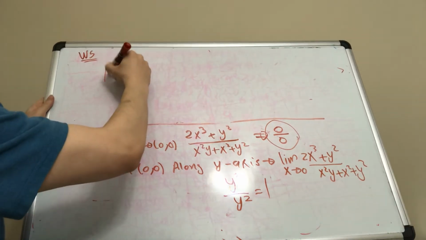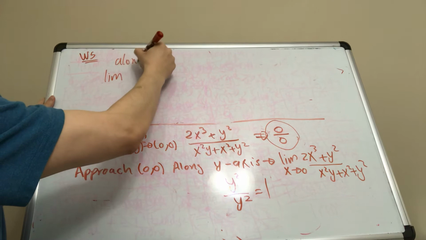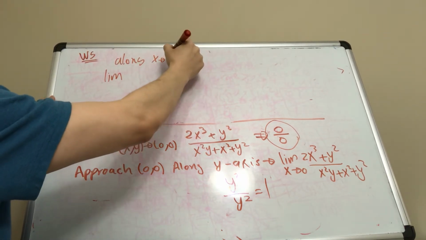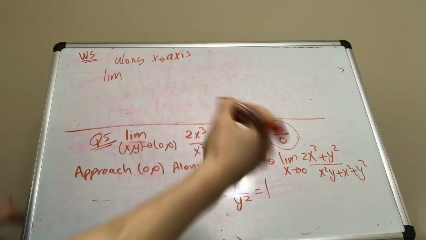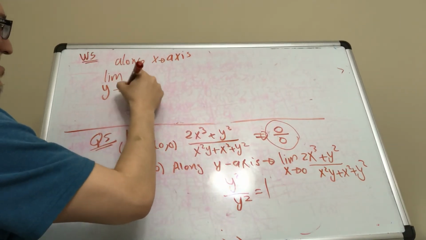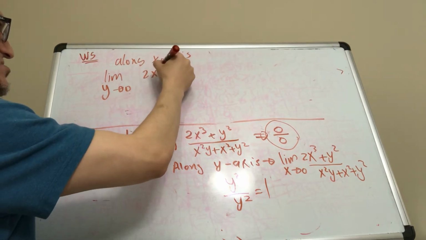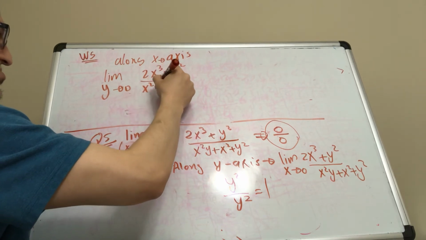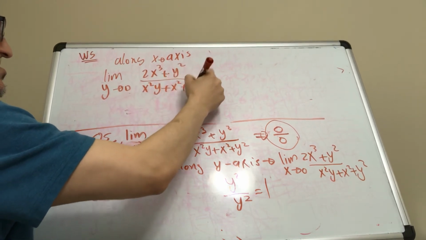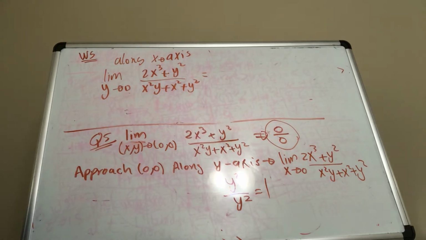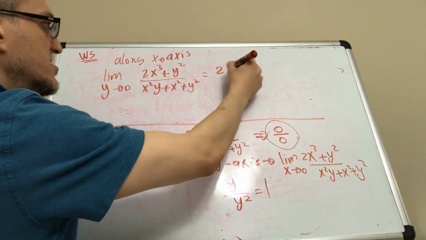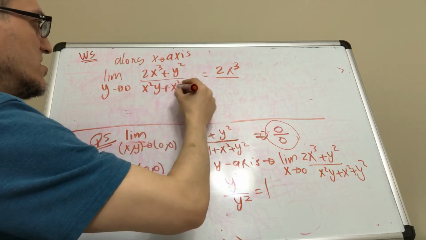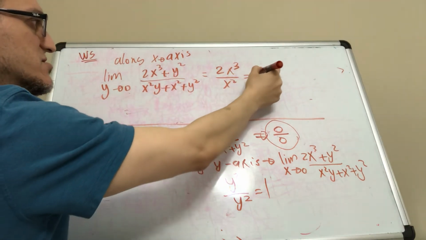If you find the limit approaching along, say, we did the y-axis, now we do the x-axis. So now y equals 0. Plug 0 for y, you get 2x cubed over x squared, so you get 2x.